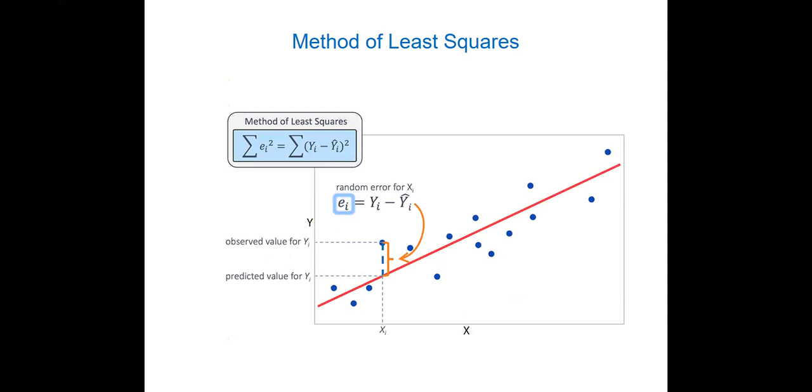If you add them together, even if the line is the best line, the amount of negativity will equal the amount of positivity, and at the end of the day it will be zero. We already explained that when discussing the calculation of variance and standard deviation.